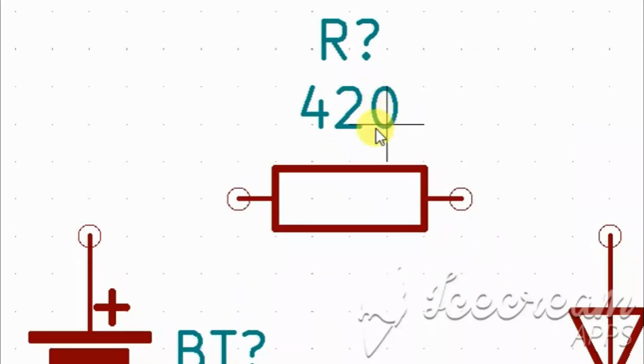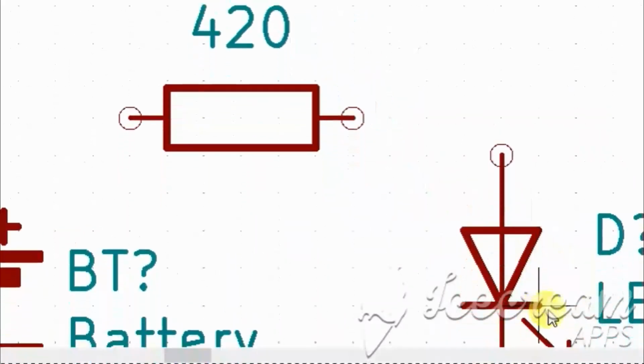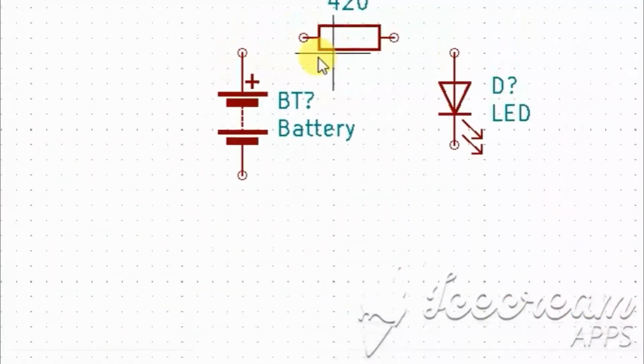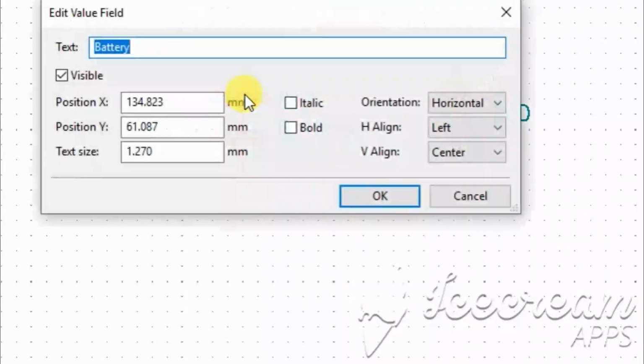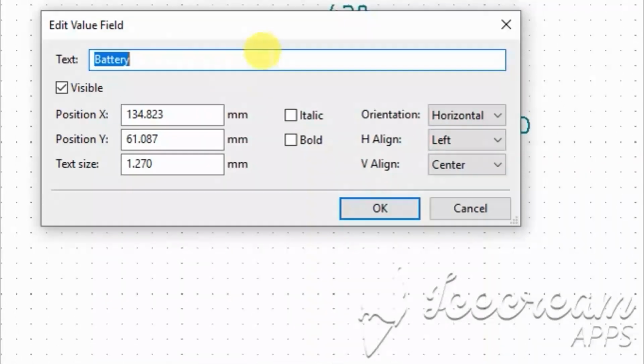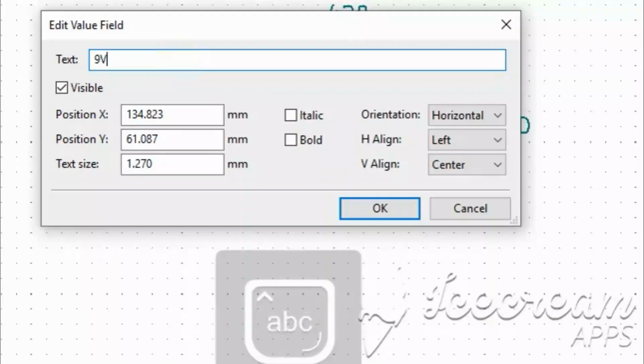This value is added. Next I choose the battery value and change it. Click this battery and press V on your keyboard. The edit value field dialog box opens and you type your value. I type 9 volt and press OK.